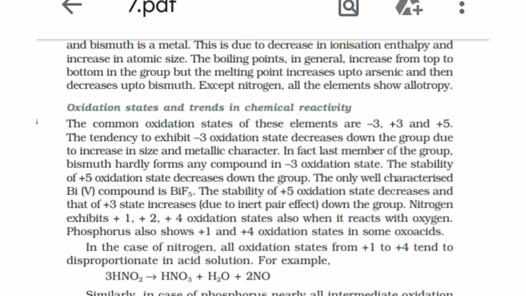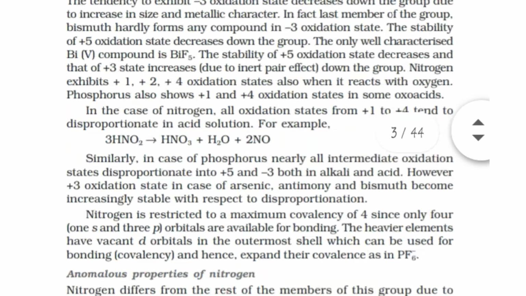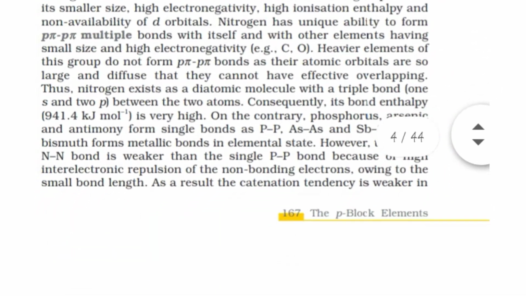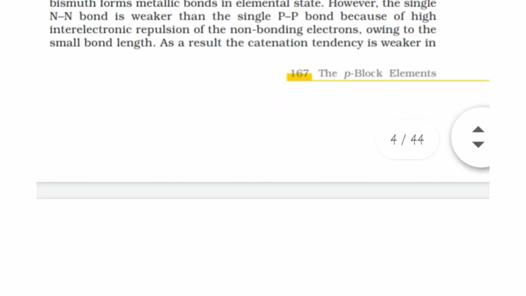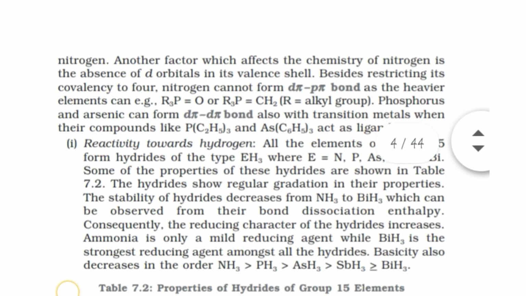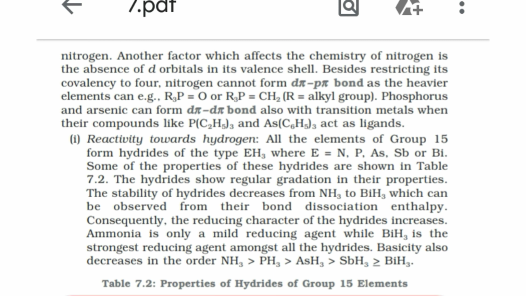As a result, the catenation tendency is weaker in nitrogen. Another fact which affects the chemistry of nitrogen is absence of d orbitals in its valence shell. Besides restricting its covalency to 4, nitrogen cannot form d-pi-p-pi bonds as the heavier elements can.